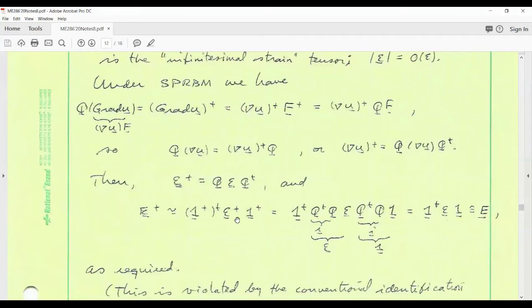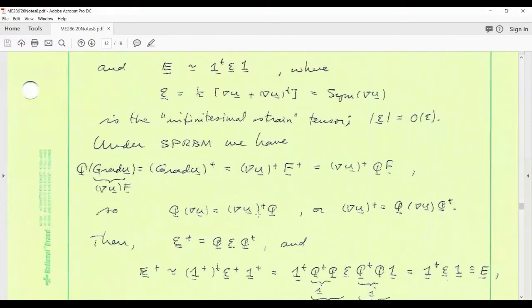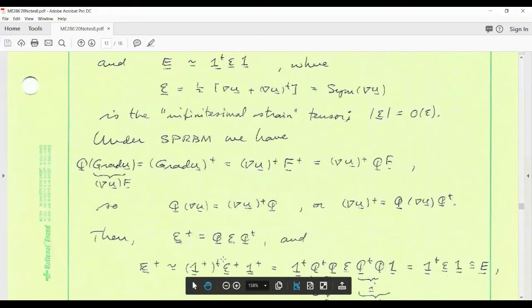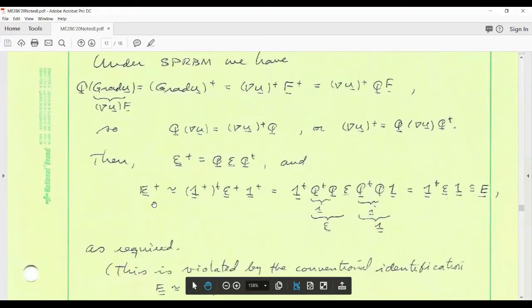When you operate with the shifter, as indicated above here, write the plus version of this equation. Okay. Then write that the shifter plus is Q times the original shifter, transpose that, put in this expression here.